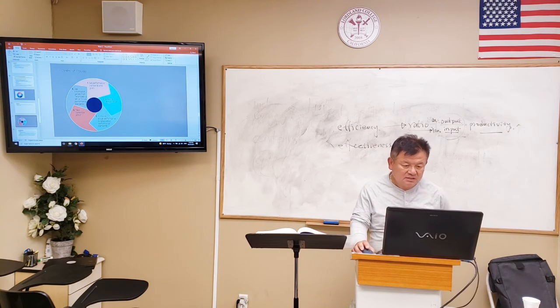Second stage is measure performance. Third is compare actual performance with the established performance standard. Next step, take corrective actions. And finally, use information gained from the process to set future performance standards.